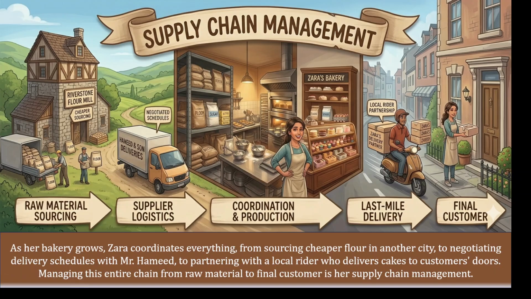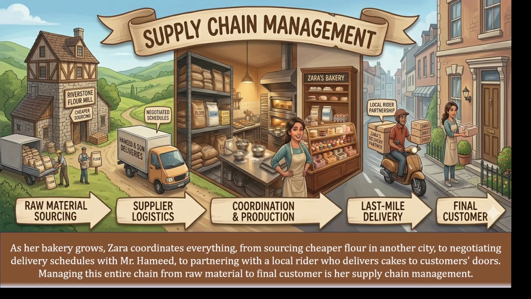As her bakery grows, Zara coordinates everything from sourcing cheaper flour in another city, to negotiating delivery schedules with Mr. Hamid, to partnering with a local rider who delivers cakes to customer stores.